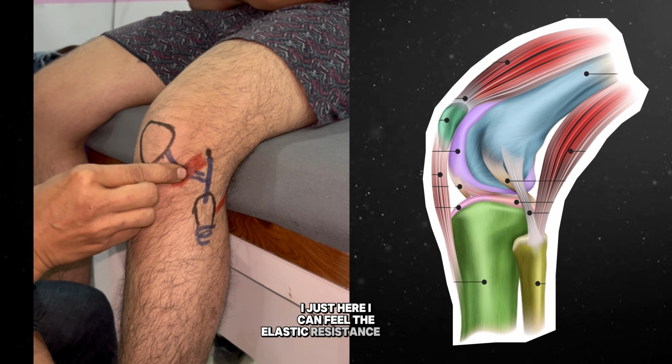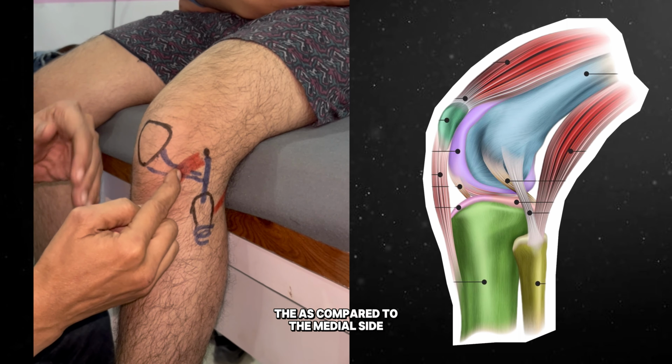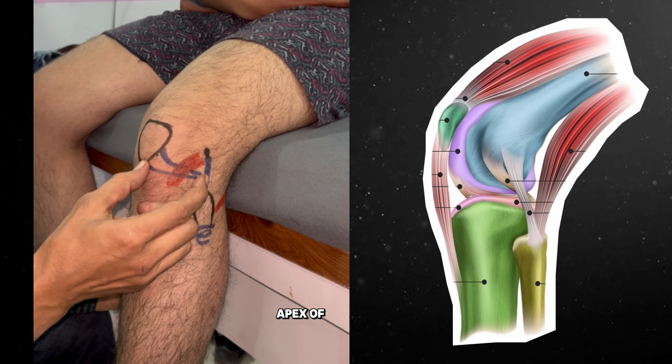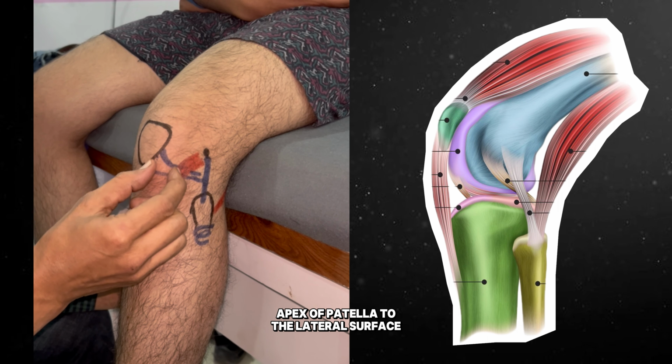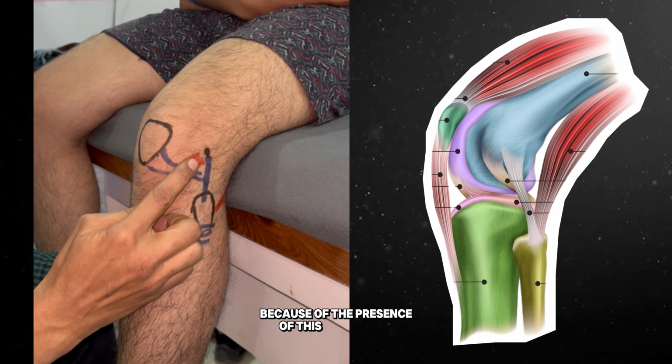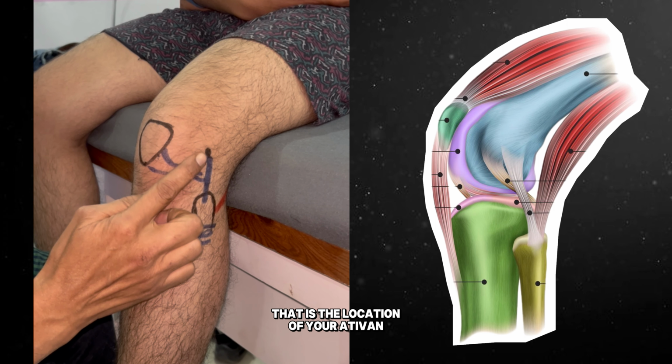As I am proceeding toward the lateral side, I can feel the elastic resistance. Compared to the medial side, the gap between the apex of the patella and the lateral surface is a little bit less because of the presence of this thick band, that is the location of your IT band.